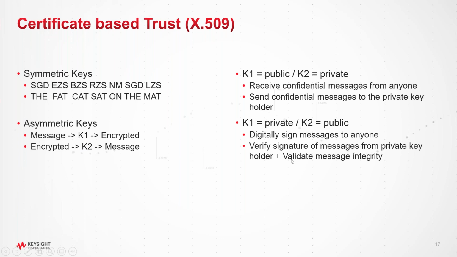The other thing we get is what is called message integrity. We can validate message integrity if, say, you're signing a message, you take a message, you sign it, and then you send both the message and its signed or encrypted version to the recipient. The recipient takes the encrypted message, decrypts it, and can compare that to the actual message you sent and validate that the message wasn't changed.